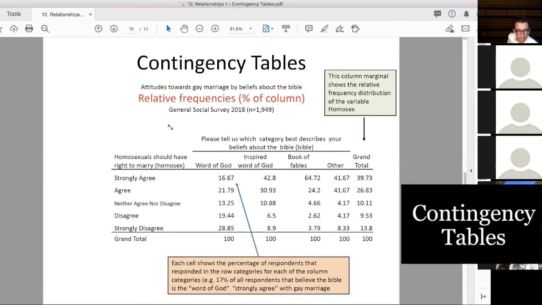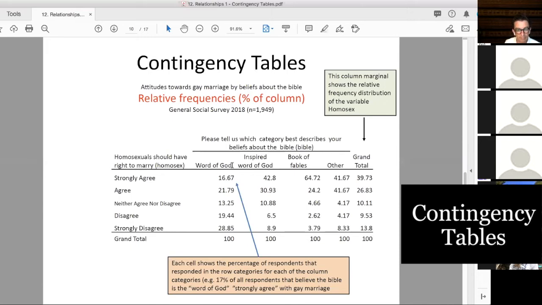Now, we can also express the numbers as a percent of the column. And here, each cell shows the percentage of respondents that responded in the row categories, for each of the categories of the column variable, right?